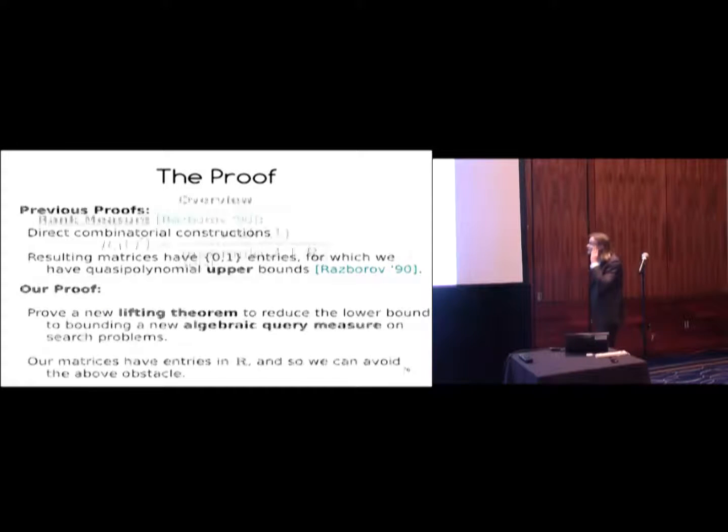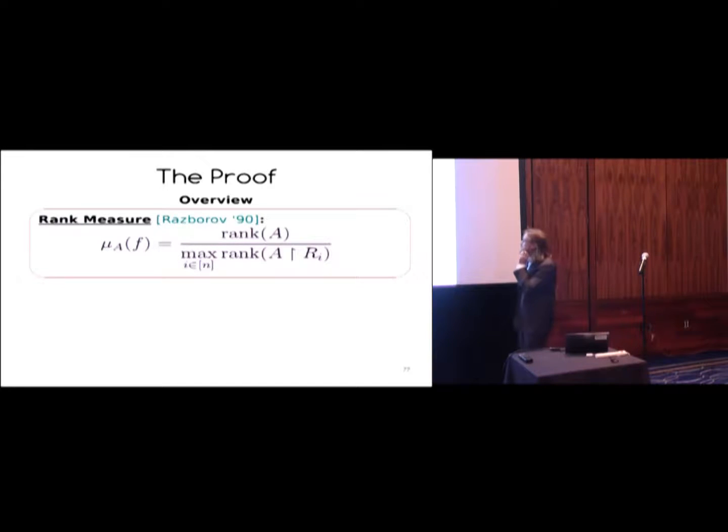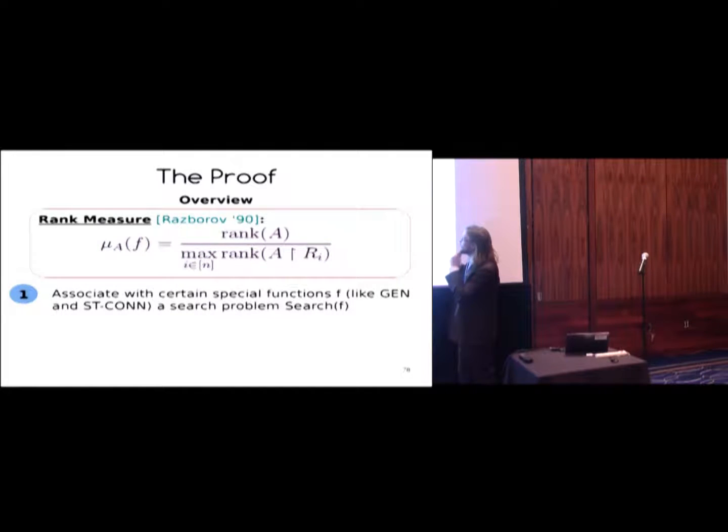Okay. In the time that I have left, maybe I'll talk about the proof in a little bit more detail. So here's this funky measure. We want to come up with a way of constructing this special matrix. The first thing to do is to say that with certain special functions f, we can associate a very natural search problem.